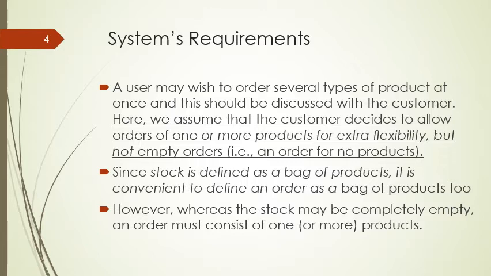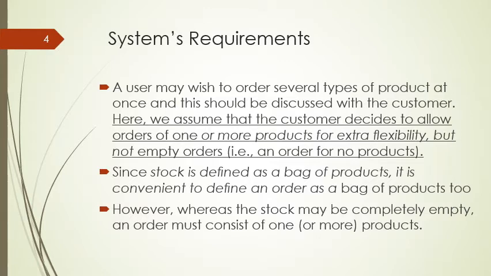And a user may wish to order several types of product at once, and this should be discussed with the customer. Here we assume that the customer decides to allow orders of one or more products for extra flexibility, but empty orders are not allowed.